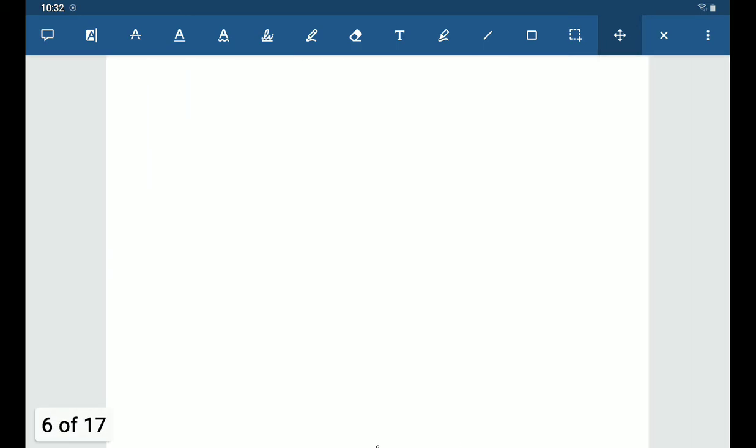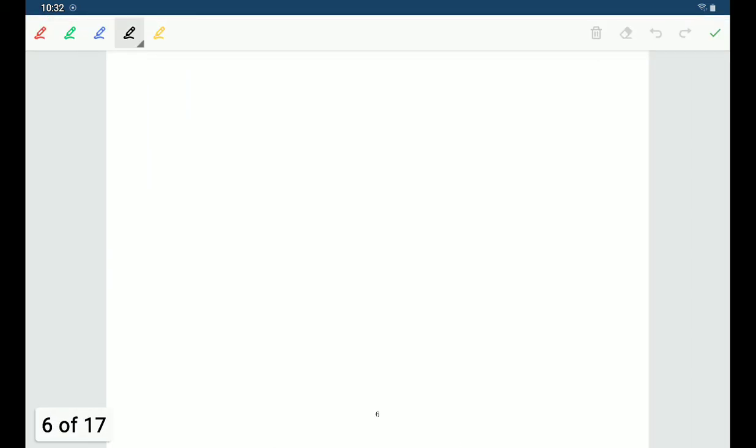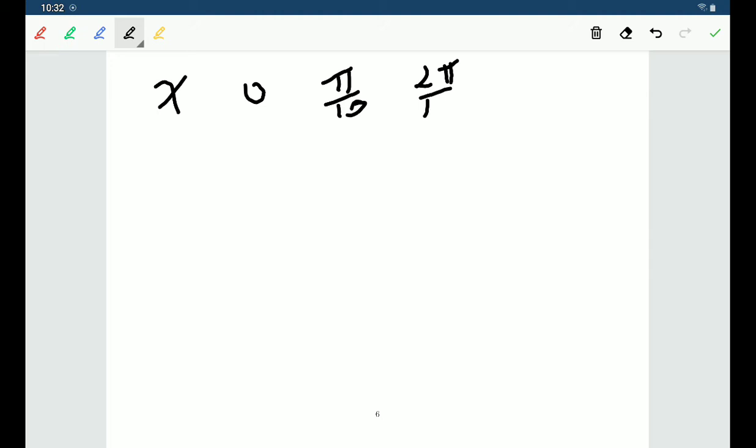So let's do that. I'll make a little table here for my x values. Could be 0 or pi over 10 or 2 pi over 10. I'm not simplifying these numbers just yet because, of course, I'm going to be doing my phase shift after, so I'll save the simplification for the end of it all. 3 pi over 10, 4 pi over 10.